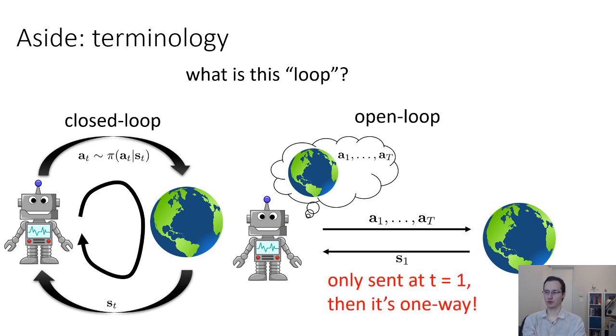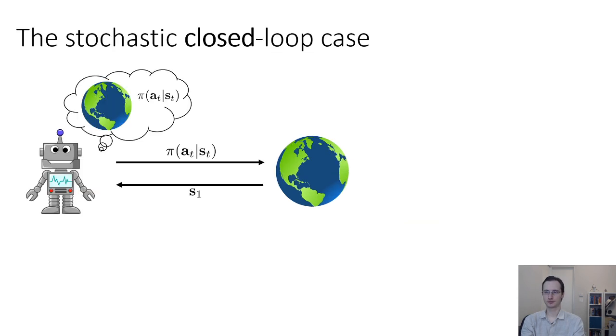Okay. So in open loop planning, you can think of this as the state is revealed to you at t=1, and then it's a kind of one-way communication. Okay, so if there is this closed loop case and open loop case, and so far we've talked about the open loop case, an obvious question we could ask is, well, what does the closed loop case look like?